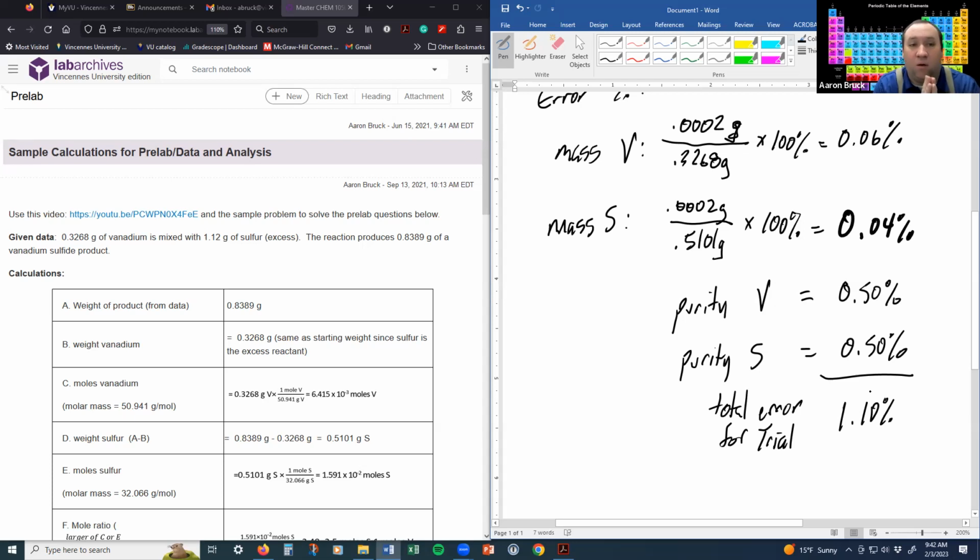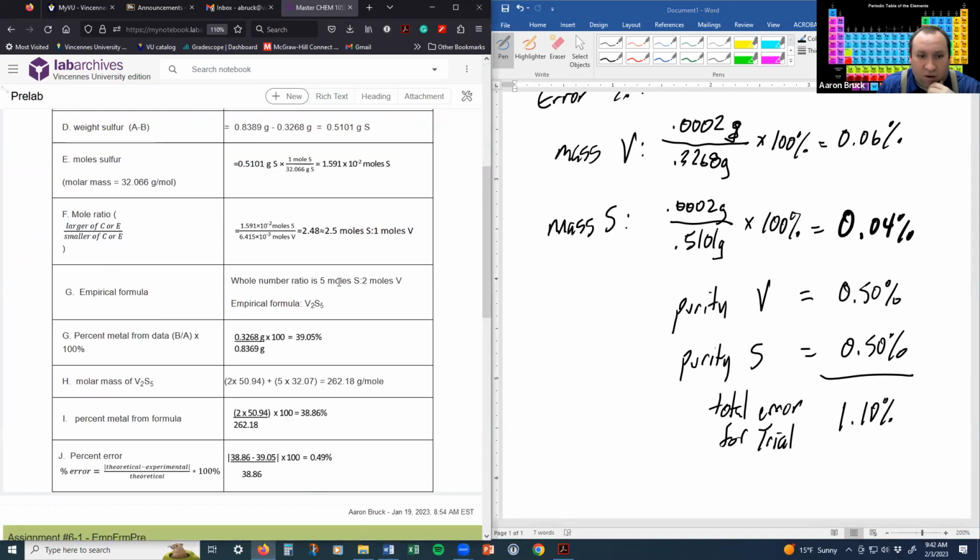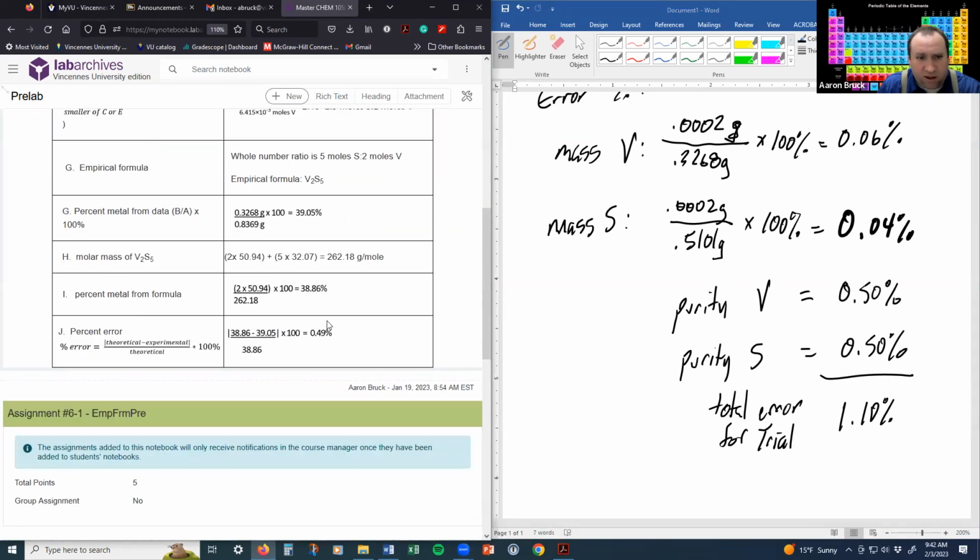Now, one thing that we need to know as far as the analysis is concerned, we want to compare this value, the 1.10%, to the value that we calculated here as our percent error. Percent error in this case was 0.49%. And so we ask, is that 0.49% error satisfactorily explained by the error analysis that we just did?